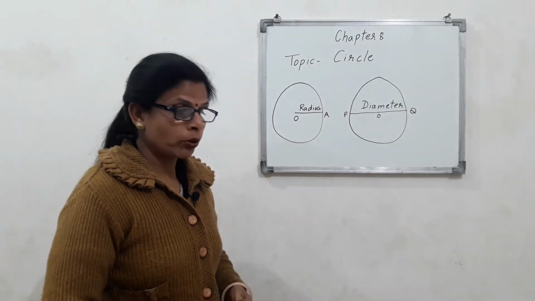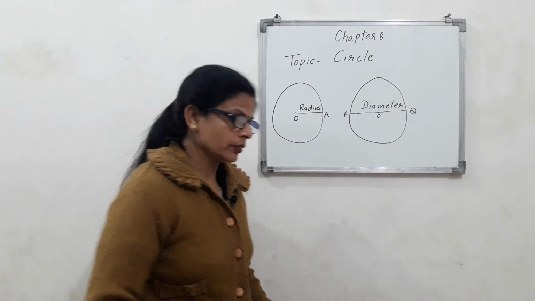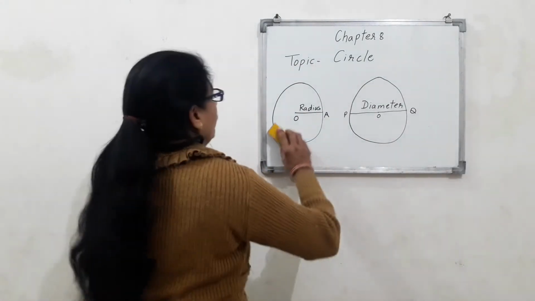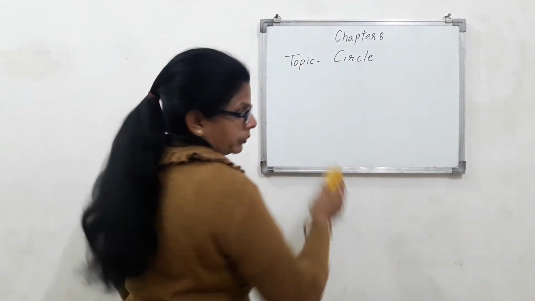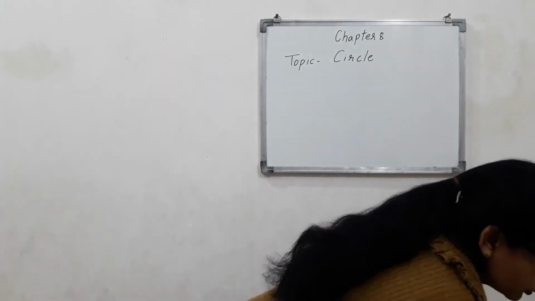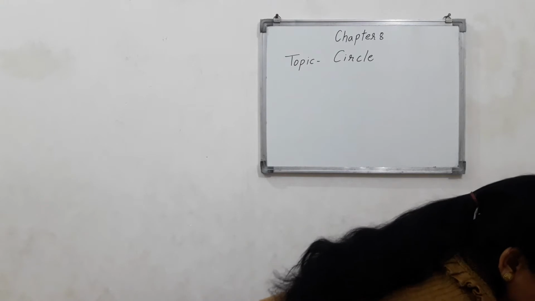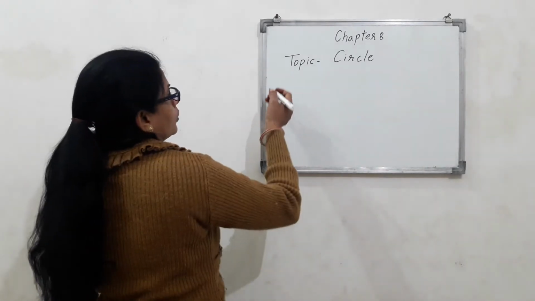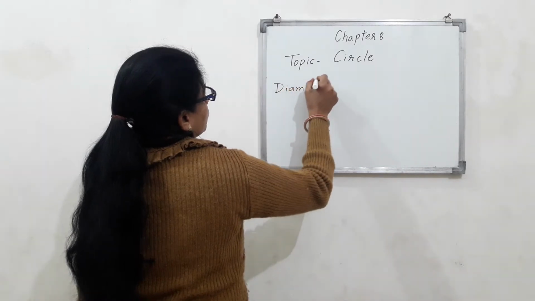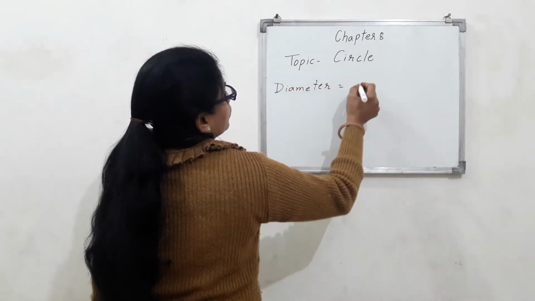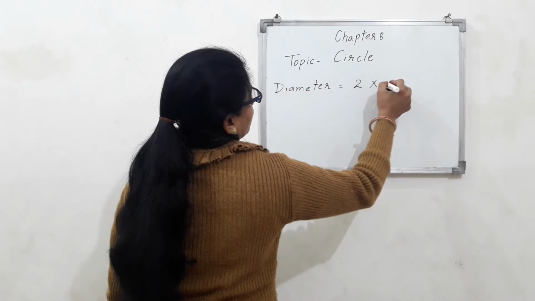So, what is the formula? Diameter equals 2 multiply radius.